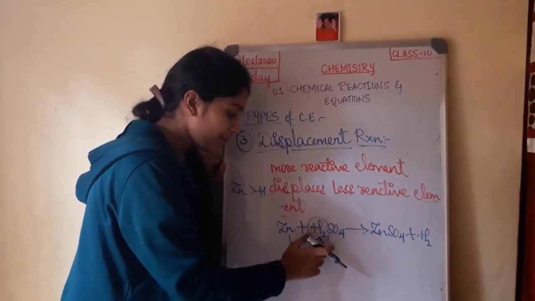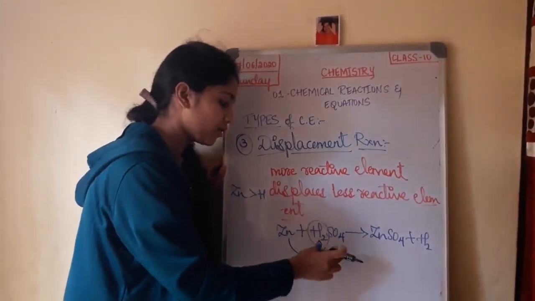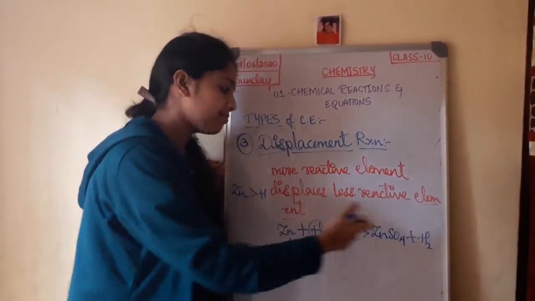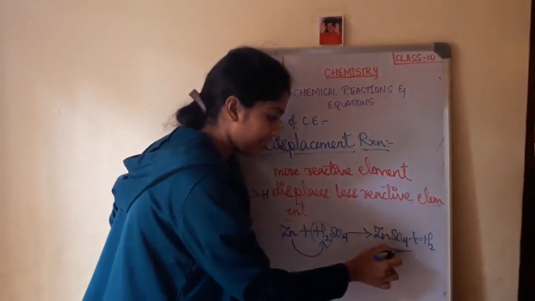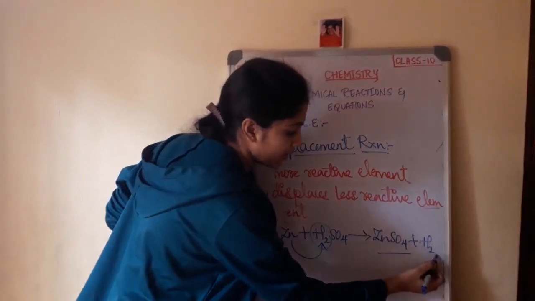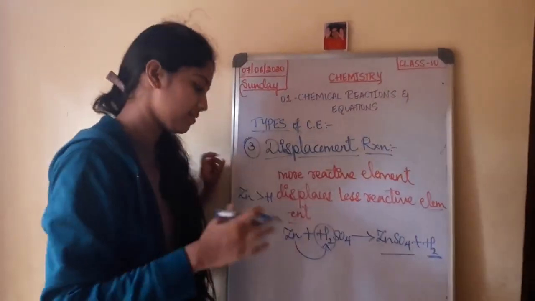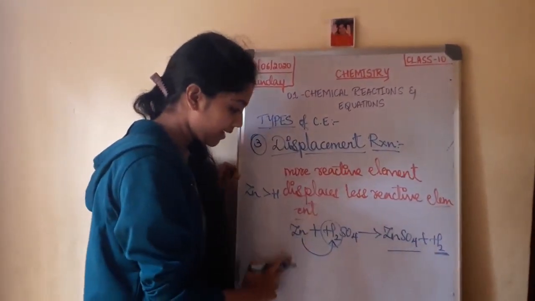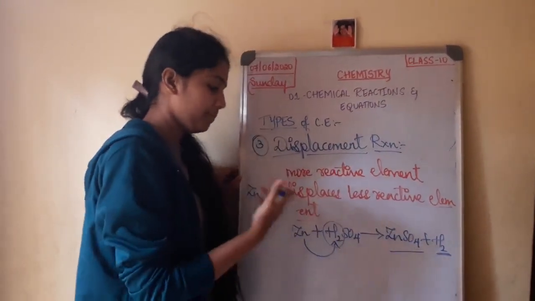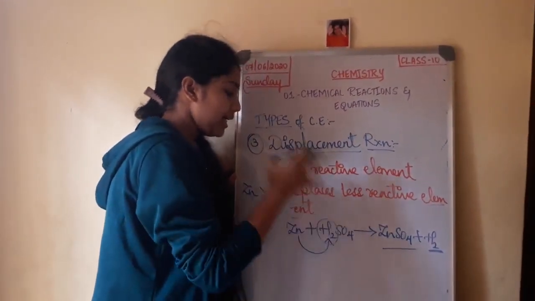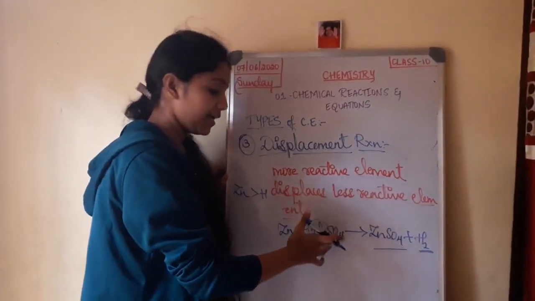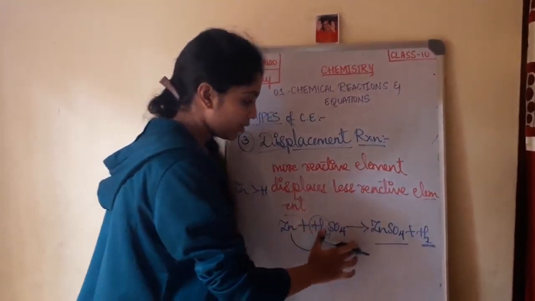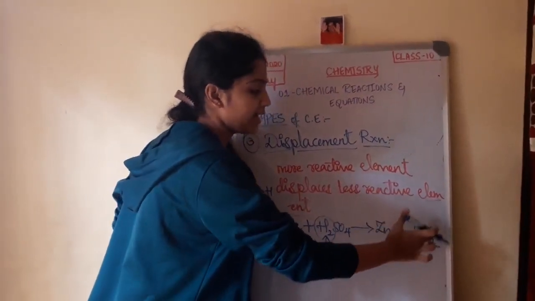Zinc occupies the space of hydrogen in the compound hydrogen sulfate, thus forming zinc sulfate on the product side along with hydrogen that is left. So zinc displaces hydrogen in hydrogen sulfate to form zinc sulfate plus hydrogen.